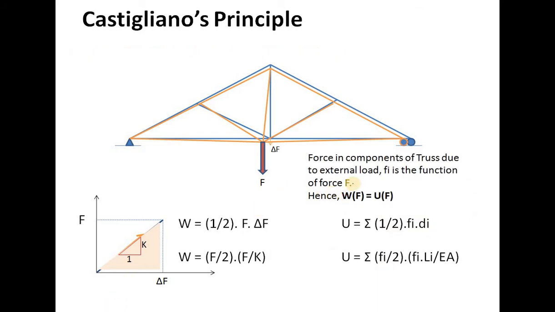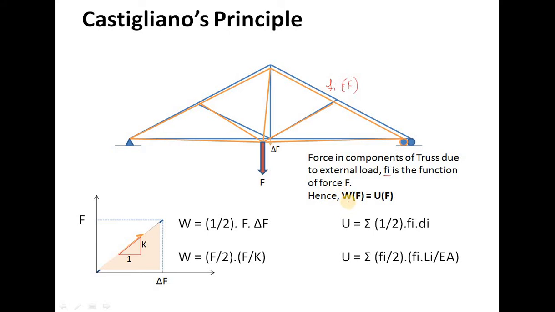Now the force in the component of the truss due to external load, Fi, is actually a function of force F. That is, whatever forces are there in these members, that is Fi, is actually a function of the externally applied force F, that we can easily understand.